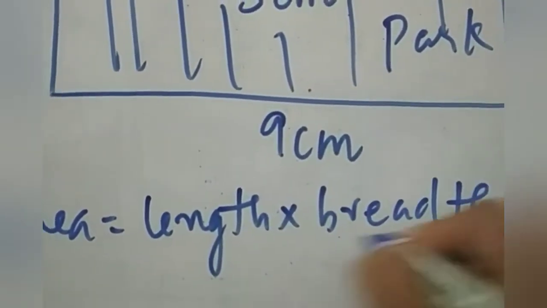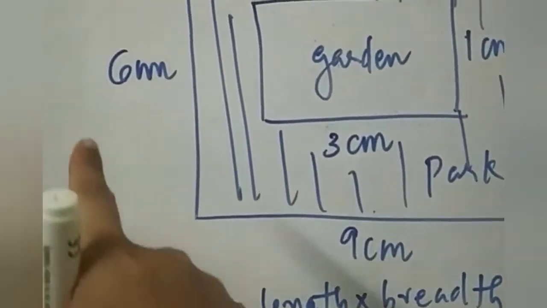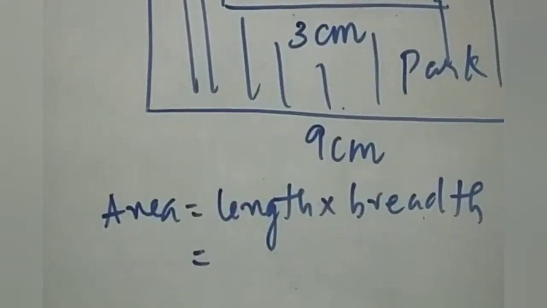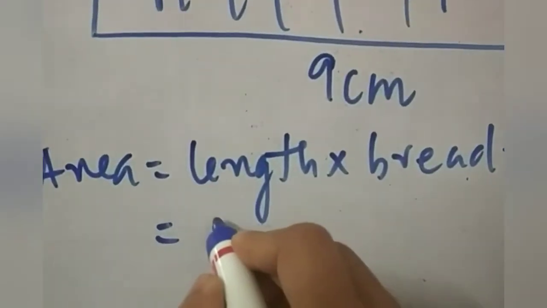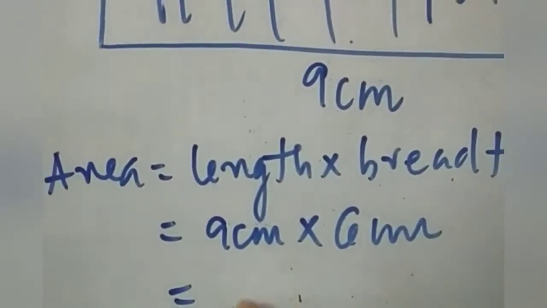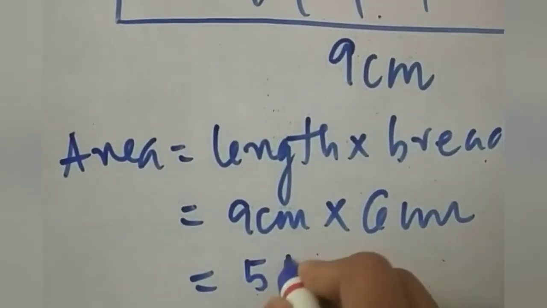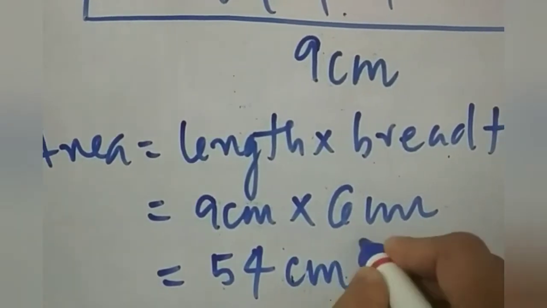So here the length of the large rectangle is 9 cm and the breadth is 6 cm. So we can write it here, 9 cm into 6 cm. And what is 9 into 6? Yes, 9 into 6 is 54 cm square.